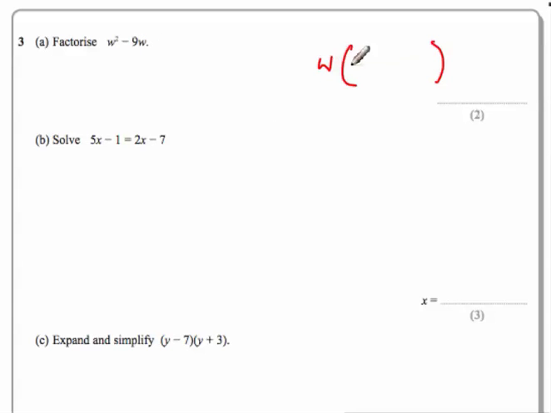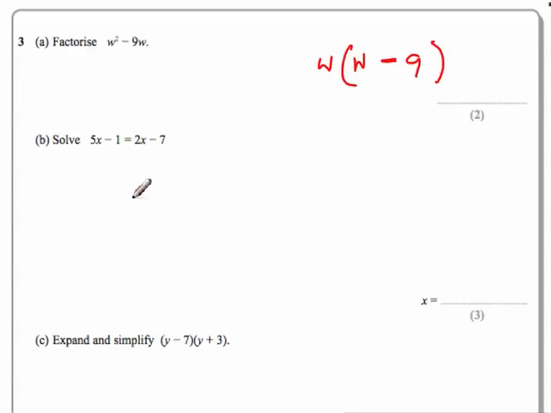So we put that outside, and then first of all, put the sign in so that we know it's going to be a negative. And then we say, if I multiply this by something, I get w squared. So what must this be? Well, it must be w, mustn't it? W times w is w squared, and then w times something gives us 9w, so it must be 9. So that's a nice easy factorisation.